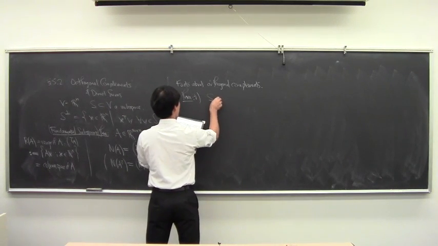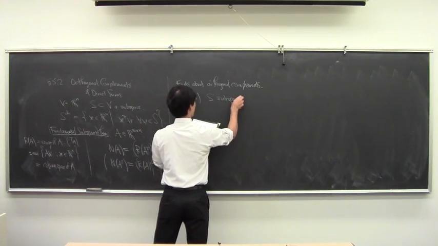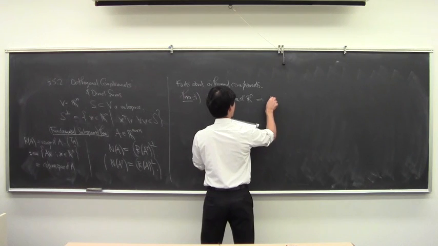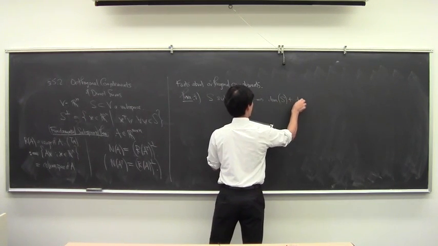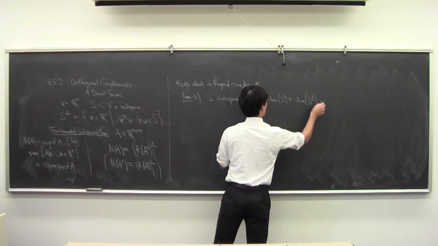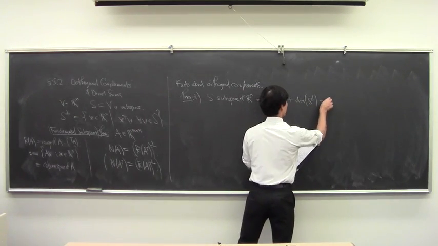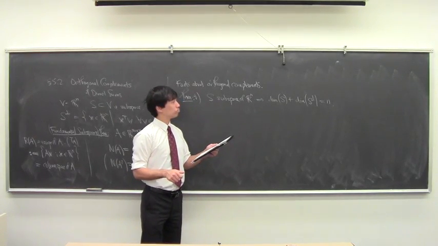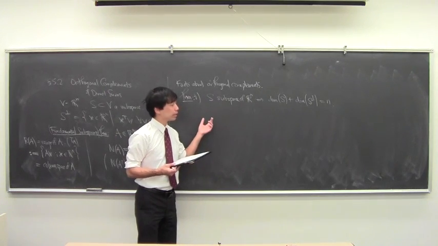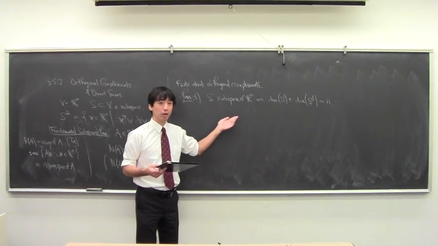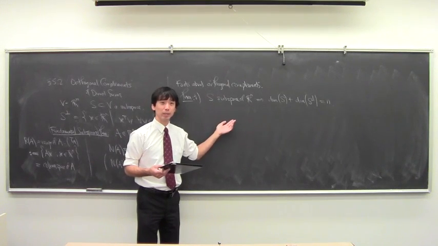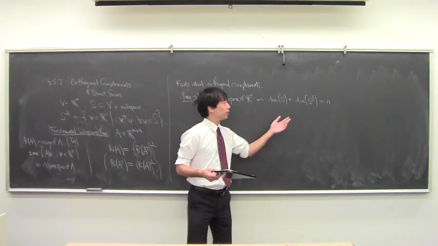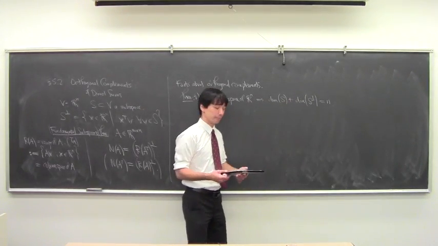Fact 1: if S is a subspace of Rn, then the dimension of S plus the dimension of S perp equals n. So if you have a one-dimensional subspace in Rn, then the orthogonal complement is going to be n minus one dimensional. The dimensions add up to n.